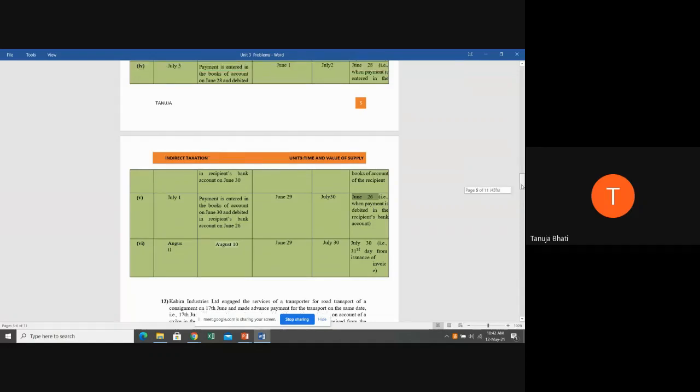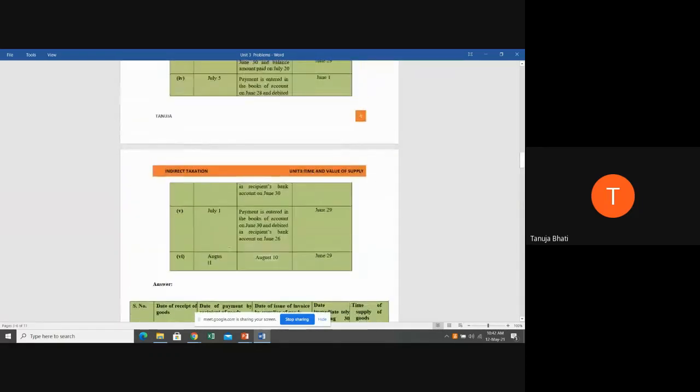Next, the last case. August 1st, 10th August, June 29 is the date of issue of invoice, but we have to see the date immediately following 30 days from the issue of invoice. So we have to compare August 1st, August 10th, and July 30th. So what is going to be the time of supply in the sixth case?